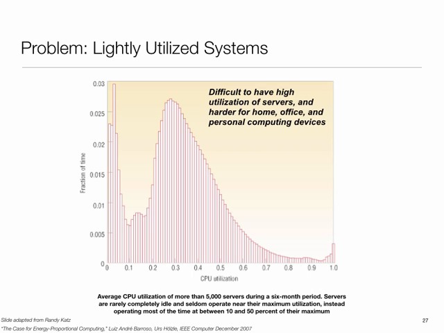What you see here is kind of a histogram. It shows CPU utilization versus the fraction of time servers are utilized at that level. This is average CPU utilization for 5,000 servers during a 6-month period.